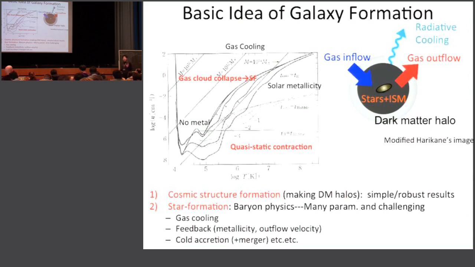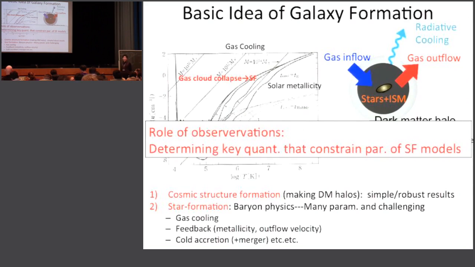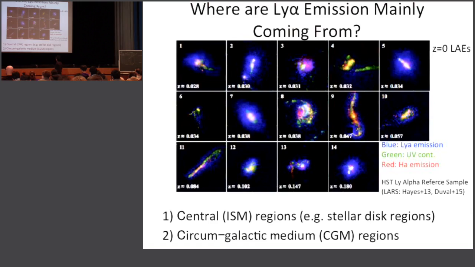So then I would like to clarify that the role of the Lyman-alpha emitter observations is identifying key quantities that constrain the major parameters of the star forming activities. Then that really nicely constrains the star forming process and helps the modelers to reproduce the star formation at high redshift.